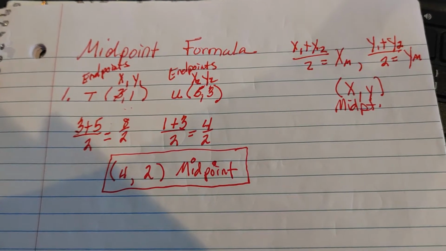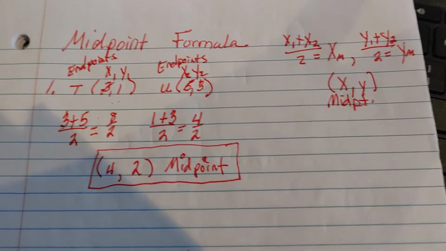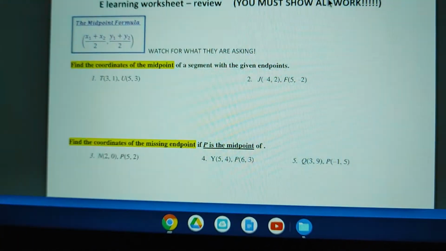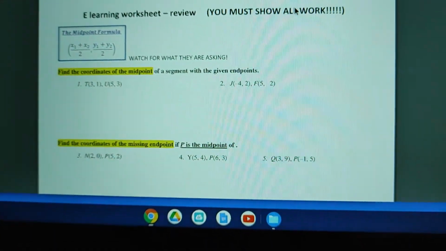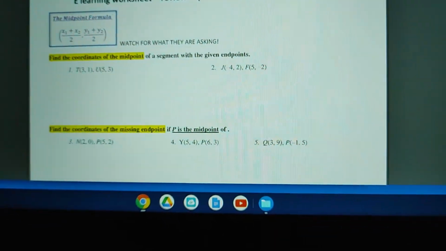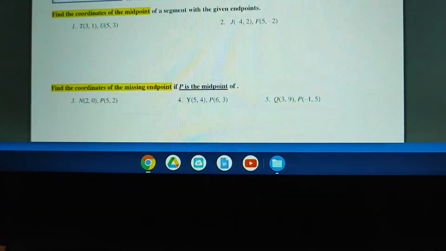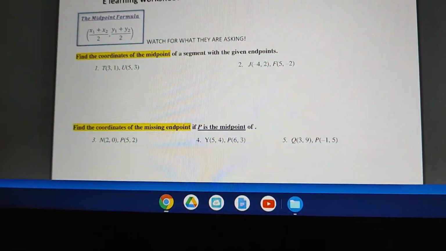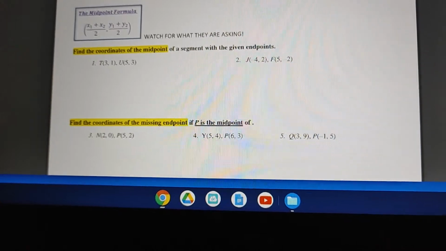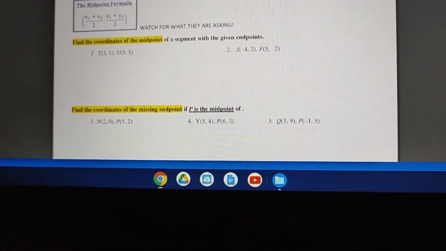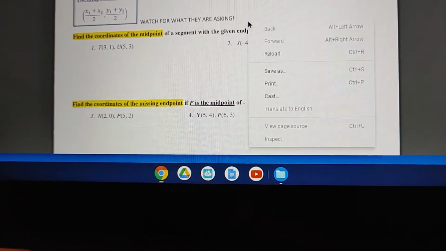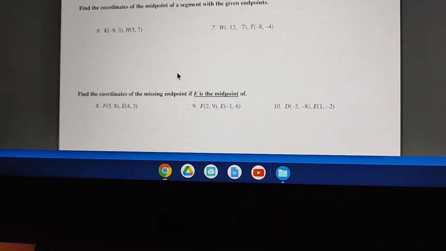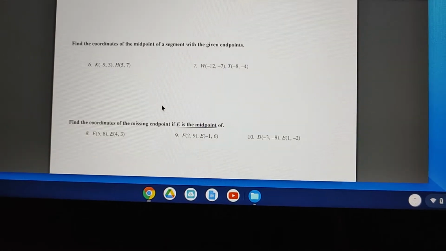So how do you know which to do, how to do which? In your worksheet, I highlighted the very first two. The first one says, find the midpoint. The second one says, find the end point. And then it tells you that P is the midpoint. When I gave you the second round, I did not highlight.